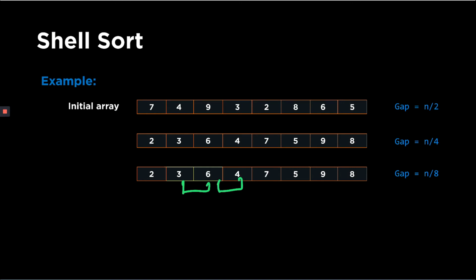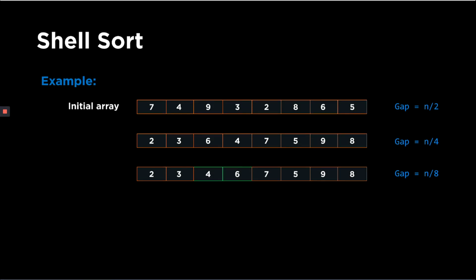Next, we compare 6 and 4. They are out of order, so a swap will happen: 6 goes right here and 4 goes right here. Since we made a swap, we still have to compare 4 with the previous element. It's already sorted, so we do not have to go further left.